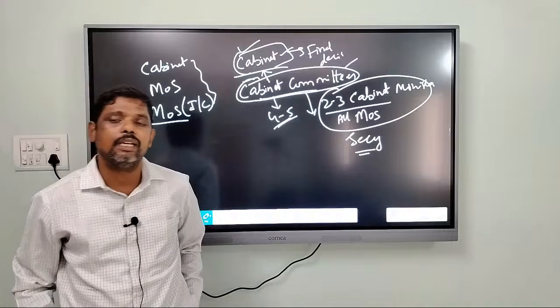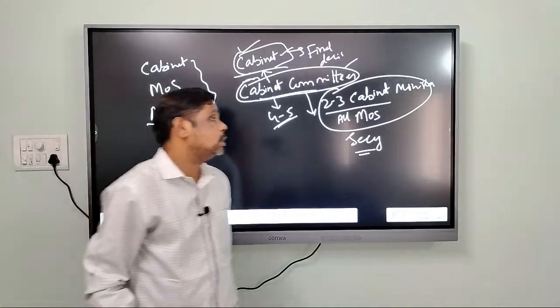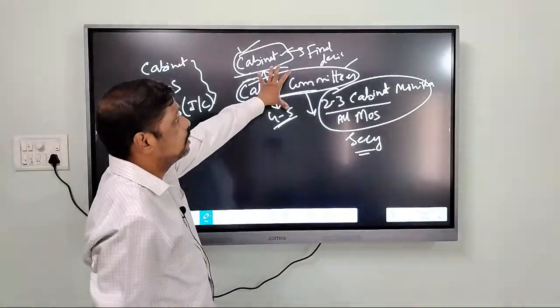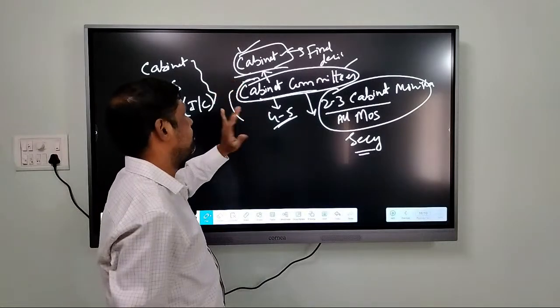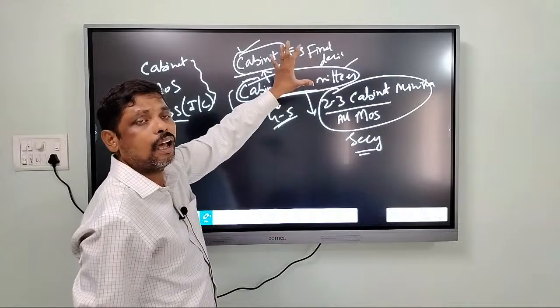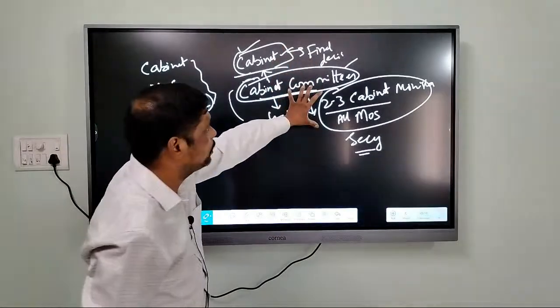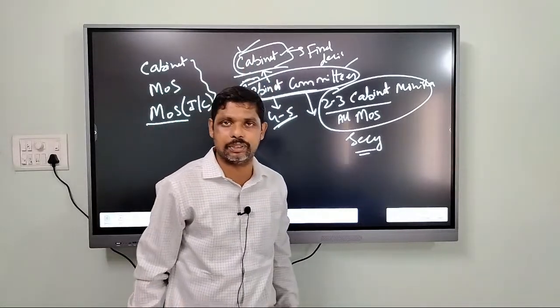This is the composition of a cabinet committee. Most of the decisions are taken in the cabinet committee, and unresolved issues are sent to the cabinet, and the cabinet will take the final decisions.